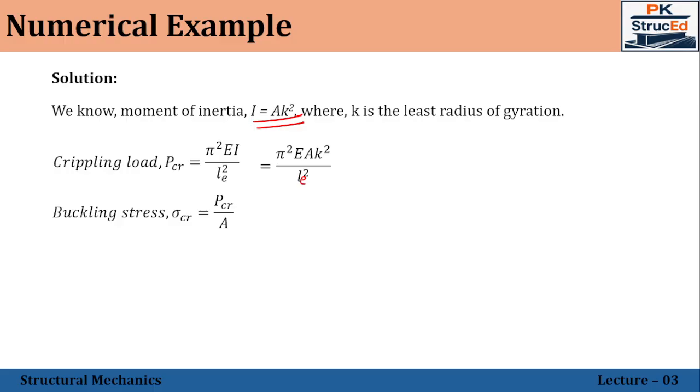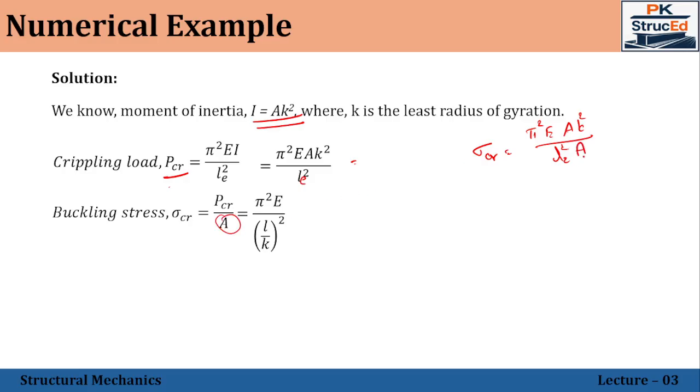So now we know the buckling stress sigma cr will be equal to load by area, the crippling load divided by the area. Substituting the values, PCR has been calculated as pi square E A K square divided by LE square, and in the denominator we add the area A. So sigma CR will be equal to pi square E A K square divided by LE square, and the denominator A should also be added.